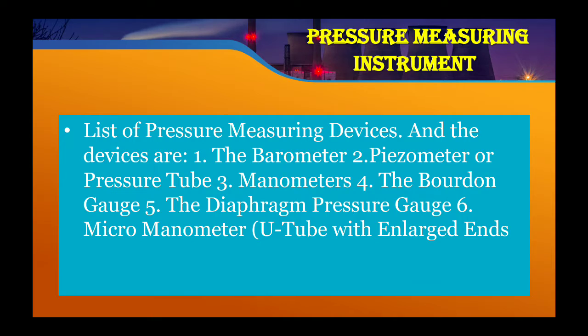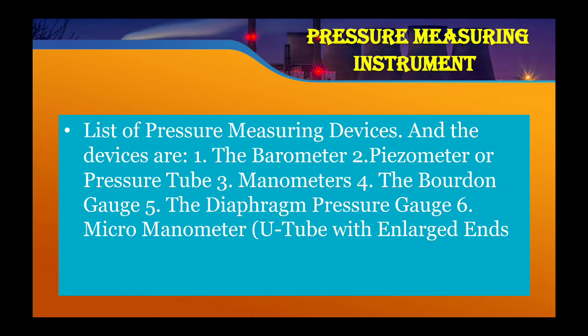So the first slide is the pressure measuring instrument. There are several types of instruments which are used to measure the pressure. These are barometer, piezometer or pressure tube, manometer, the Bourdon gauge, the diaphragm pressure gauge, and the micromanometer or U-tube with enlarged end.